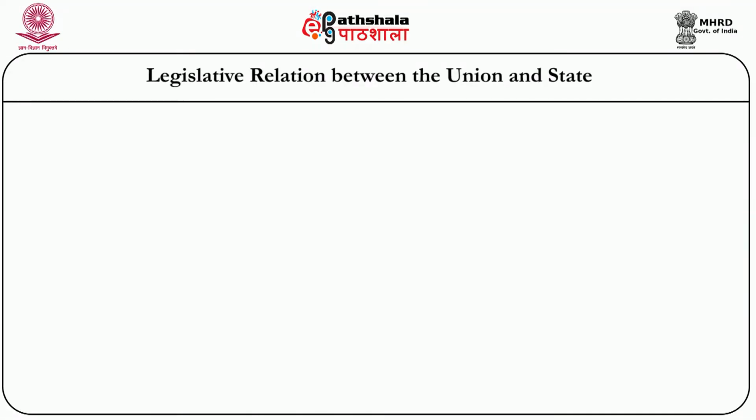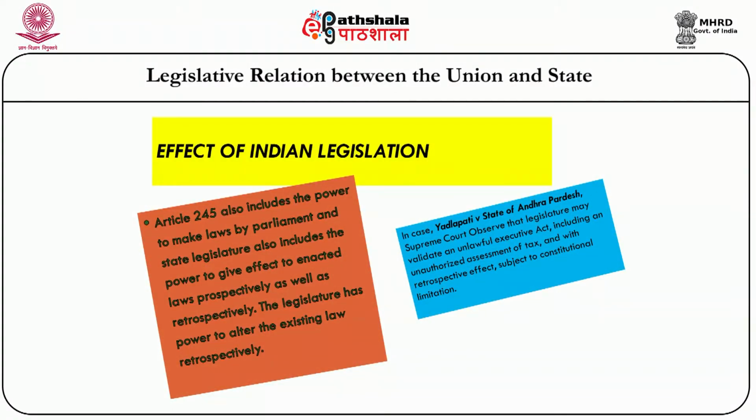Now, after discussing the comparison of the Indian legislation system with different countries, I would like to give the effect of Indian legislation. As you know, Article 245 of the Indian Constitution includes the power to make laws by Parliament and state legislature, to give effect to the enacted laws prospectively as well as retrospectively. To clear this, I would like to state a case.